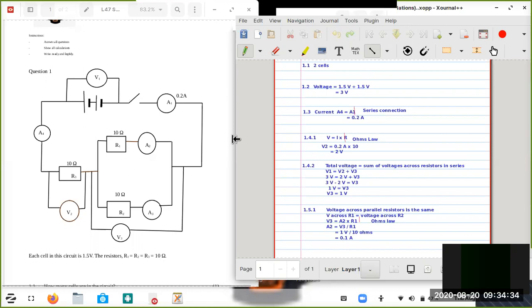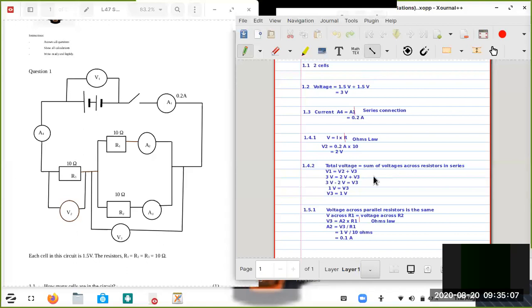V1 is equal to V2, the voltage across R3, plus the voltage across resistors that are in a parallel connection. When we add those voltages, they give us the voltage supplied by the source of electricity. That's the idea that we used there.